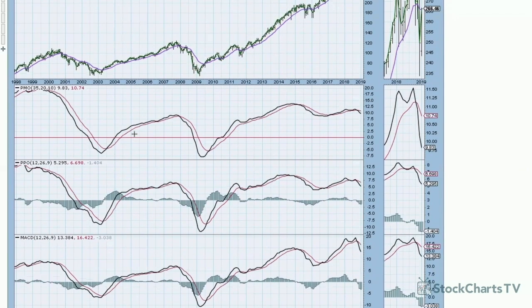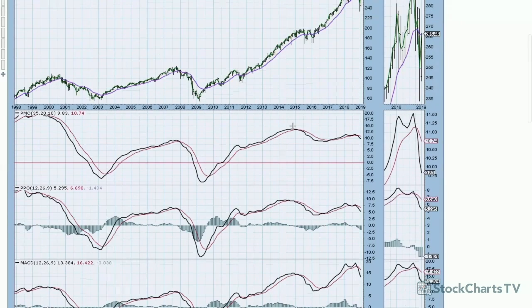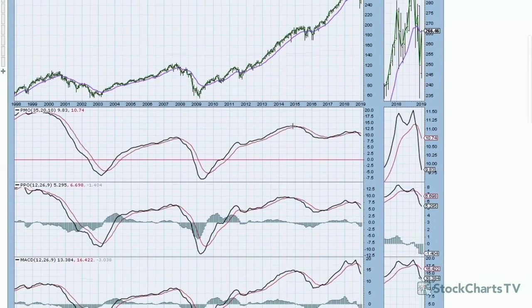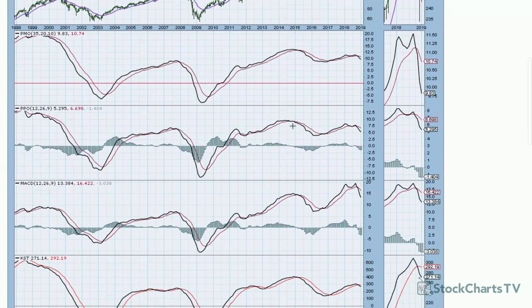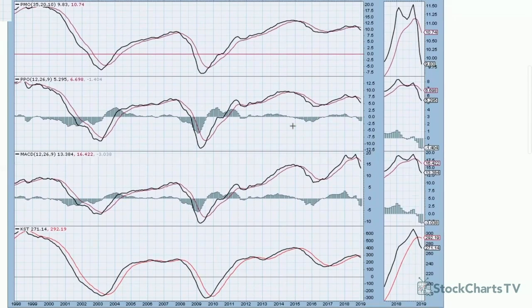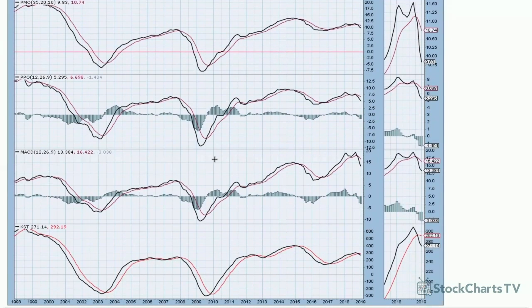And then just having fewer signals is always helpful. It's essentially as fast as the MACD and the PPO, but it's smoother. Exactly. So we think the winner is the PMO, but everyone has what they like to use.